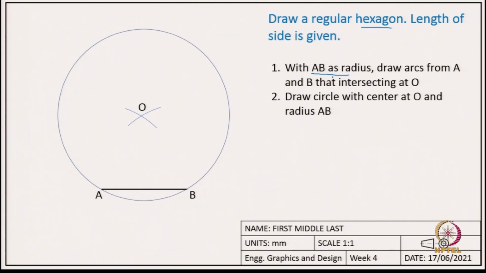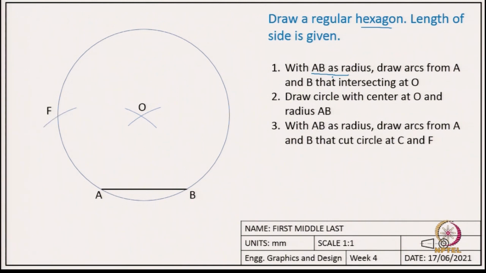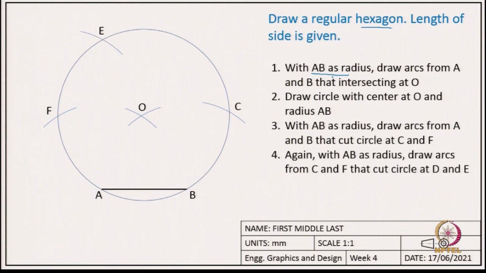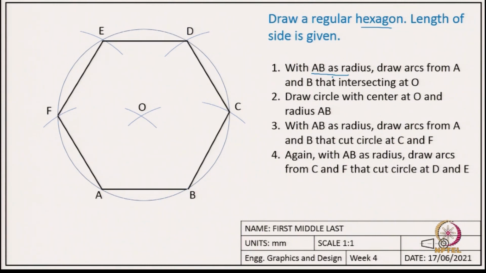While we draw these arcs, the radius of these arcs will be AB and the centers will be at points A and B. So, one arc from A and the other arc from B. We get these new points where it is cutting the circle, the points F and C. So, we make 2 more arcs, again with the same radius AB, but now with centers at F and C. From F we get an arc which cuts at point E, and from point C we make an arc which cuts at point D. Now we have identified the 6 points of the hexagon on this circle, we just need to connect those points to get the hexagon.